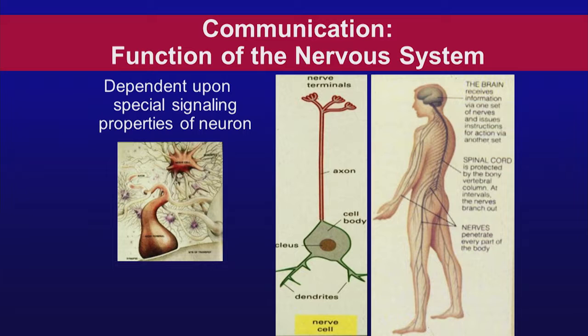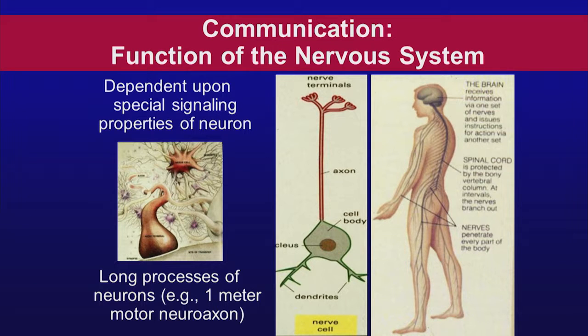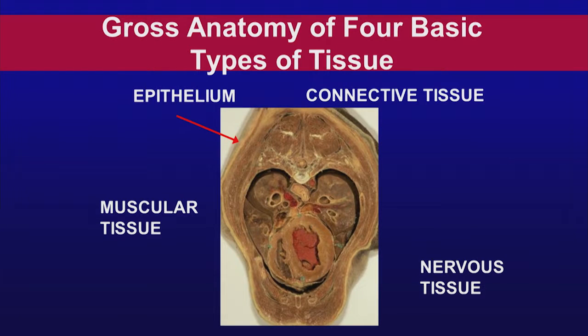Also, as for communication, depending upon specialized properties, the cells are very irritable and they have very long processes, maybe a meter in length for the nervous system. The central nervous system is the brain and the spinal cord to talk to the rest of the body.